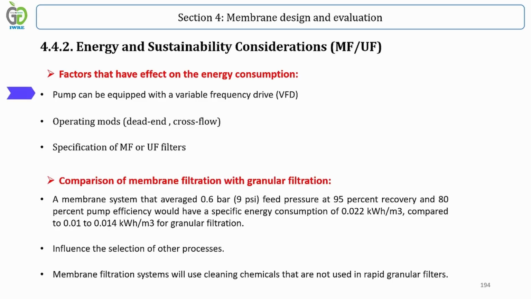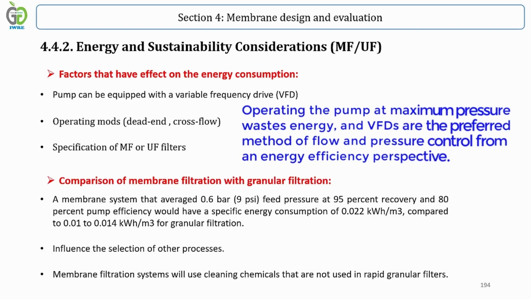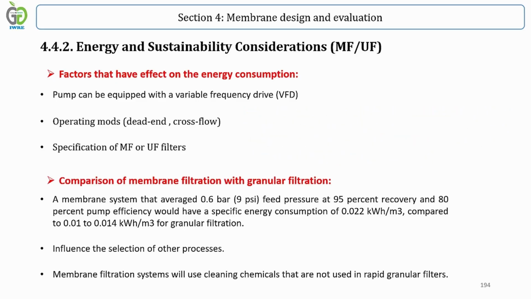The pump system can be designed to operate continuously at the maximum pressure, and the excess pressure can be dissipated through an adjustable valve, or the pump can be equipped with a variable frequency drive, or VFD. Operating the pump at maximum pressure wastes energy, and VFDs are the preferred method of flow and pressure control from an energy efficiency perspective. Many membrane manufacturers design their systems with VFDs.